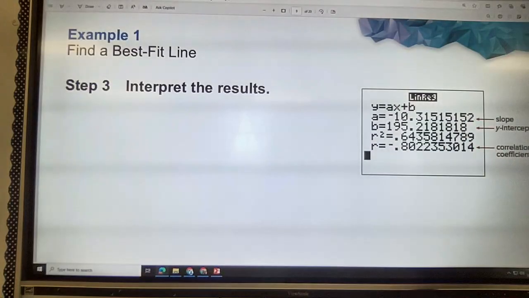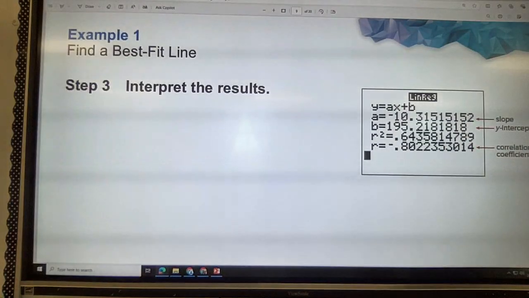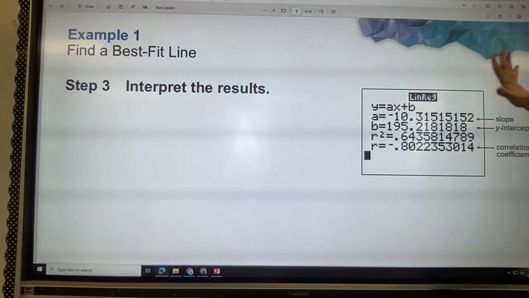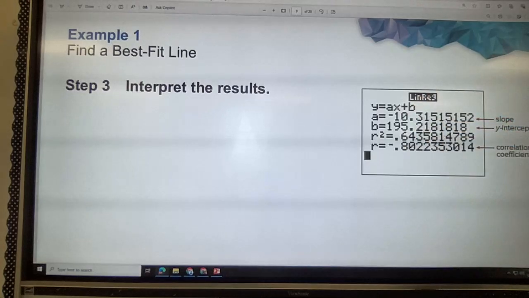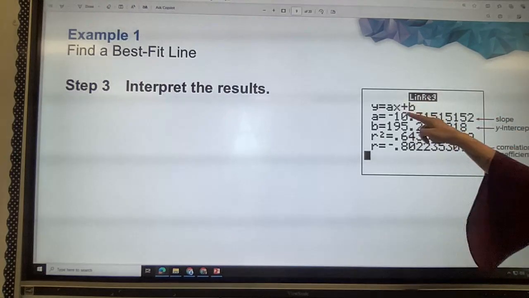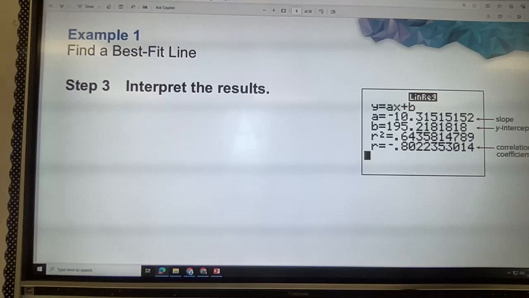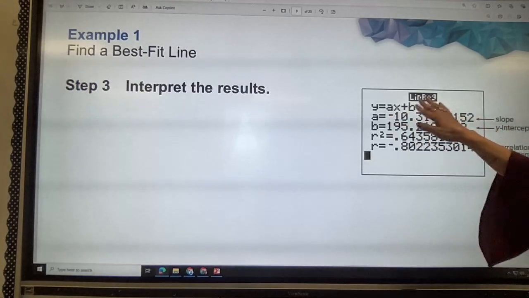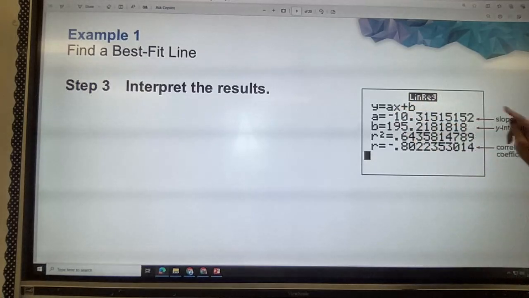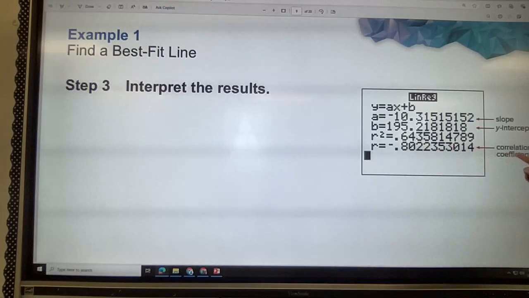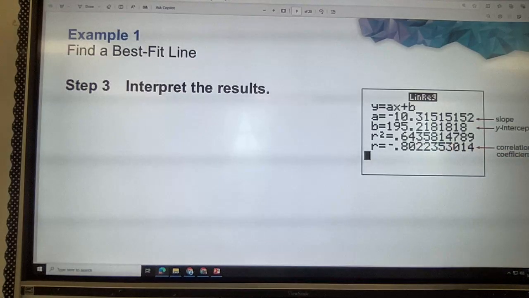All right, and then after that you will select calculate, and when you calculate, this is what shows up in your calculator. So look, here is your y equals ax plus b. A is my slope, B is my y-intercept, and R is my correlation coefficient.